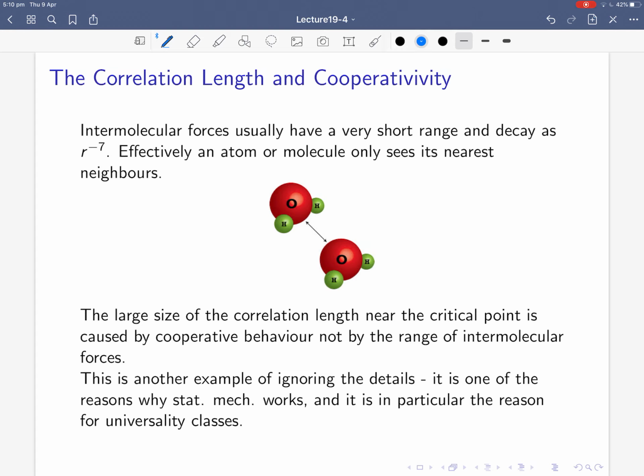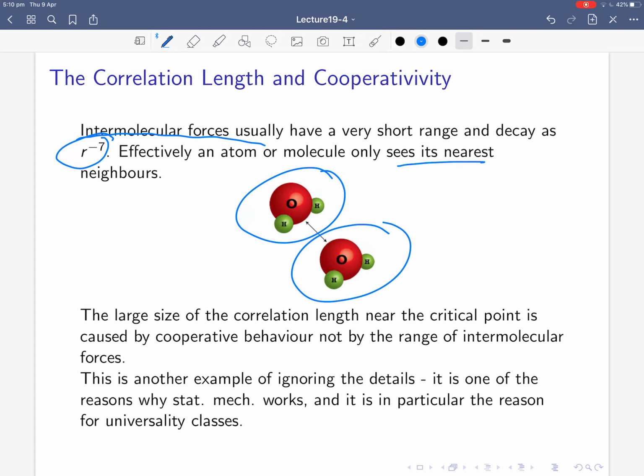Right, and what else don't we see in the correlation length? Well, this divergence in the correlation length means that intermolecular forces between molecules, there's a molecule here, here's another water molecule, and they might be having some kind of dispersion, van der Waals forces between them. They don't really appear at all. What happens is intermolecular forces are very short range.